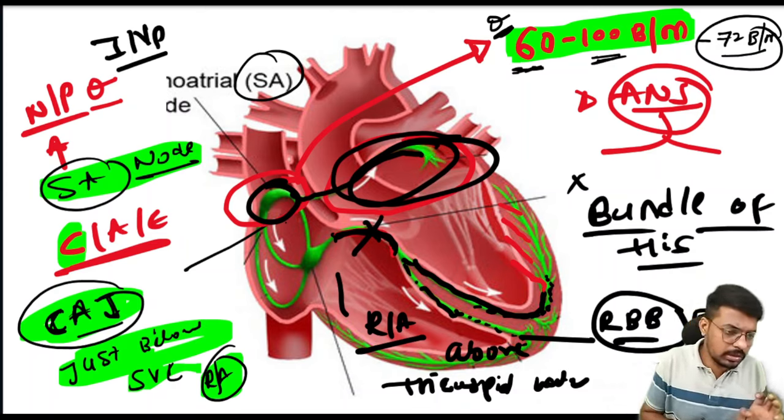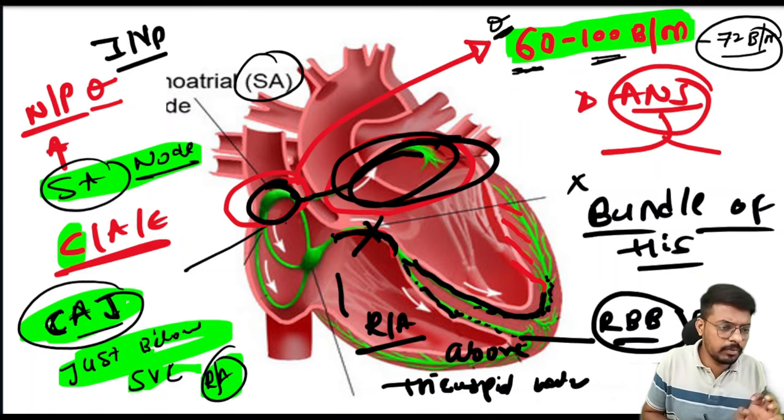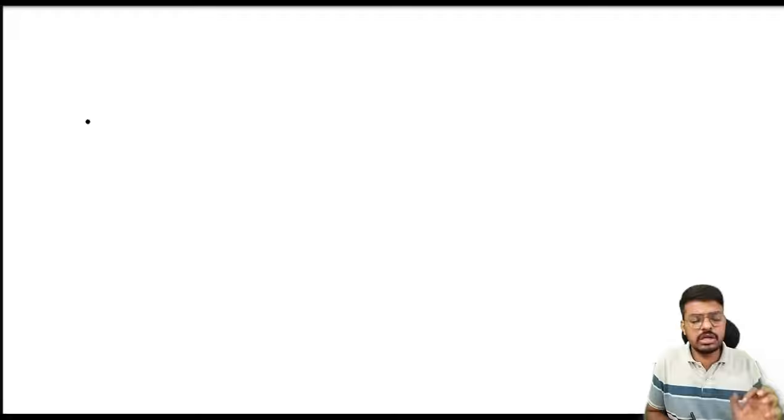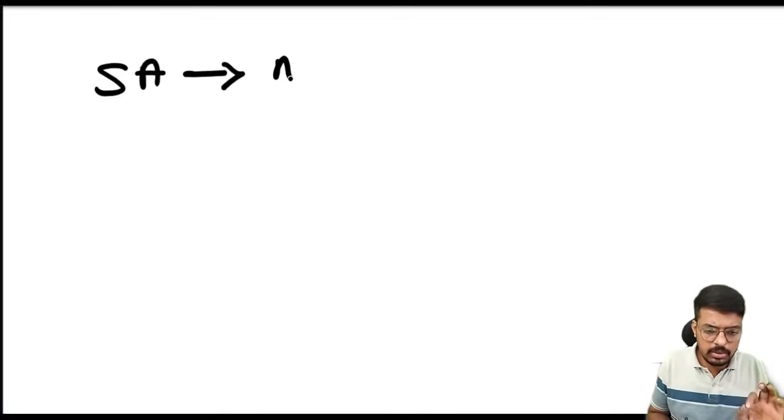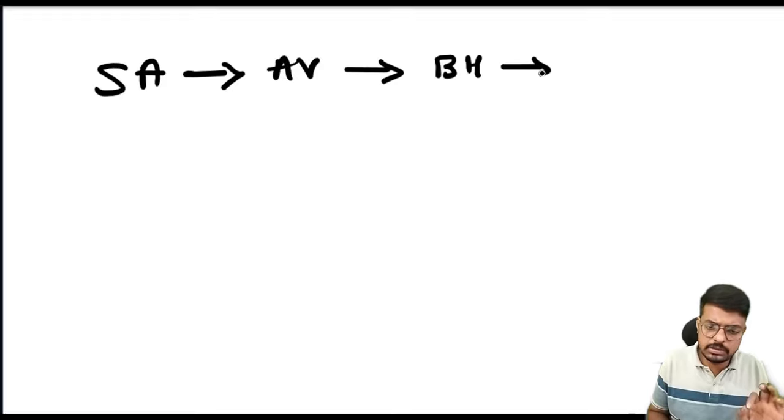Okay, the examiner will throw a question in front of you: what is the sequence of the conduction of the heart? Okay, the impulses start from the SA node, that is the sinoatrial node. From there, it is coming to the AV node. From the AV node to the bundle of His. From the bundle of His to the bundle branches.